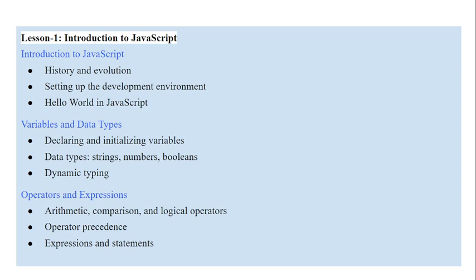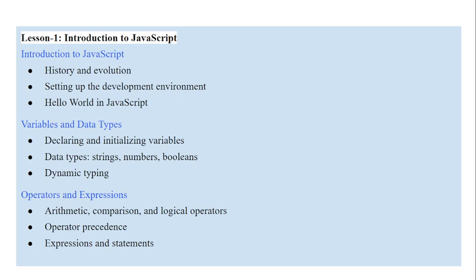See, in chapter 1, we have introduction to JavaScript. In JavaScript, we have the history and evolution, and the development environment, setting up of the development environment. Actually, we have VS Code. In VS Code, we can write the code, and we can see the output in the browser.